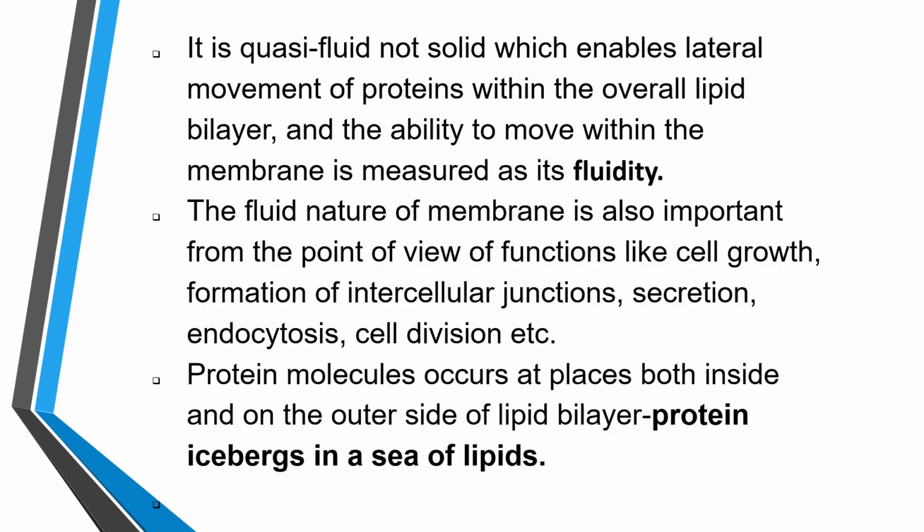Next, students, the cell membrane is quasi fluid, that is, not solid. So it enables lateral movement of proteins within the overall lipid bilayer, and the ability to move within the membrane is measured as its fluidity.